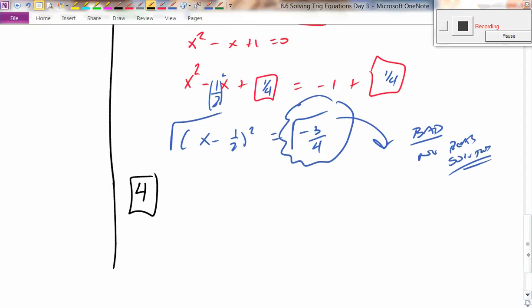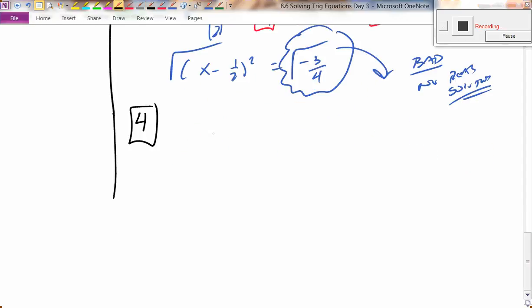We're going to do this one here. We're going to do sine of theta multiplied by the cosine of theta equal to negative 1/2. Well, right off the bat, we noticed that sine and cosine, neither one of those is squared, and we have two different ones.